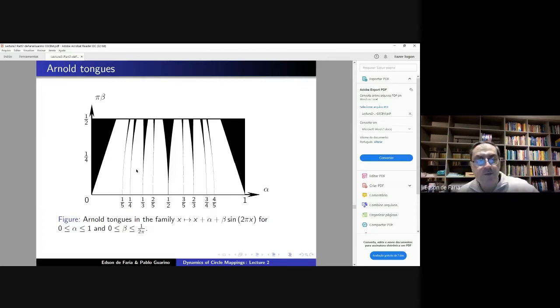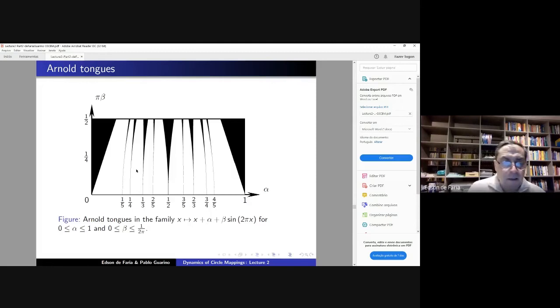So as you increase the parameter beta from 0 to 1 over 2 pi, you see there's a normalization here. The y-axis here is actually pi times beta, okay? So that's why it goes up to 1/2 there. But anyway, when you increase beta from 0 to 1 over 2 pi, these tongues open up, okay?